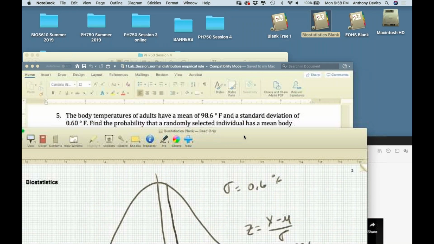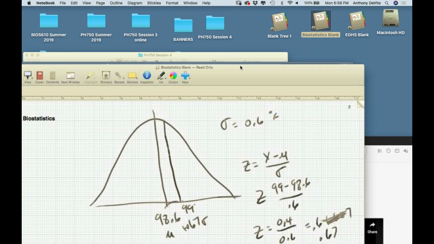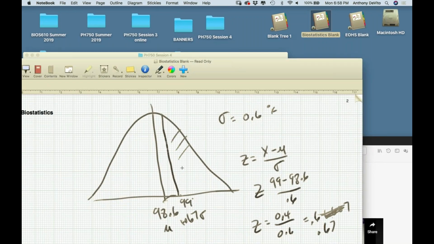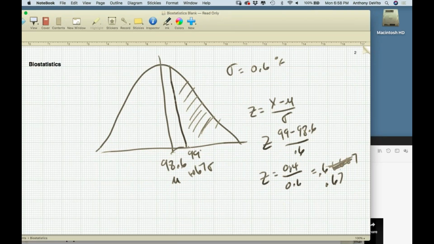And we're interested in the area greater than that value. So this area in here, well, that's a problem because our empirical rule only works with whole numbers. 1 standard deviation above the mean, 2 standard deviations below the mean, and so on and so forth. So we're kind of stuck. Our empirical rule is failing us here now, isn't it?